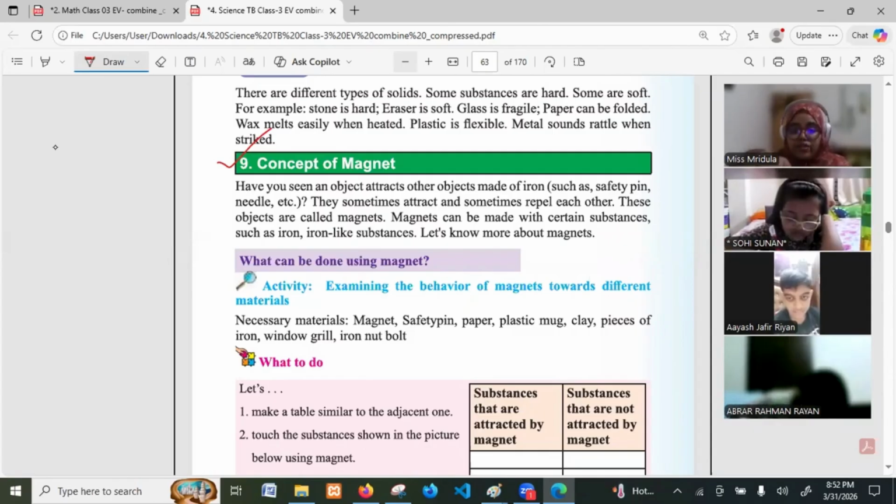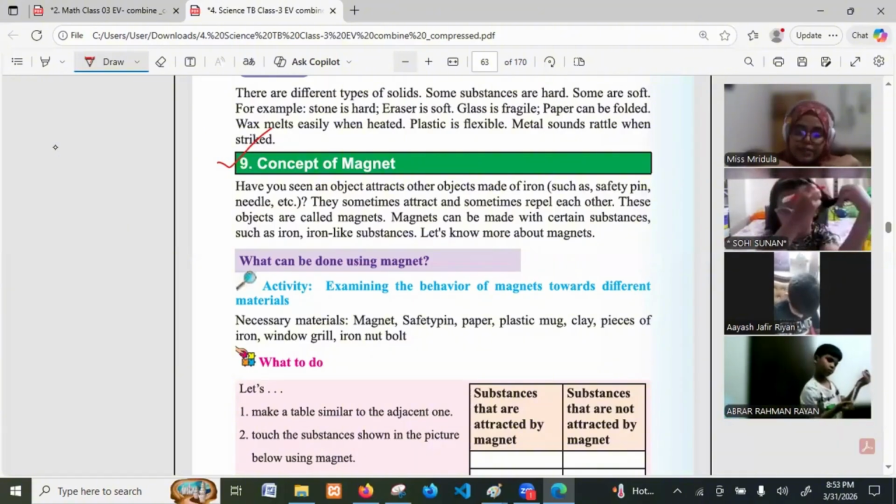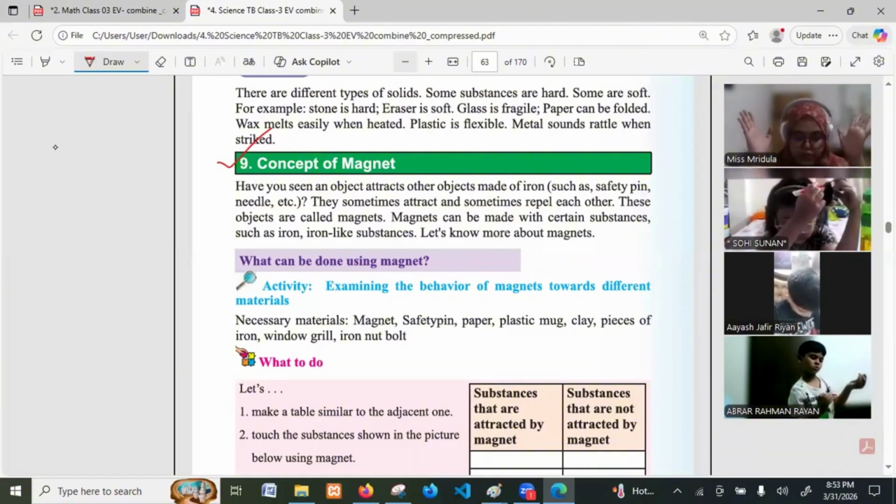They sometimes attract and sometimes repel each other. Repel means they try to get away from each other. Okay, so these objects are called magnets. Magnets can be made with certain substances such as iron, iron-like substances, and some more things.